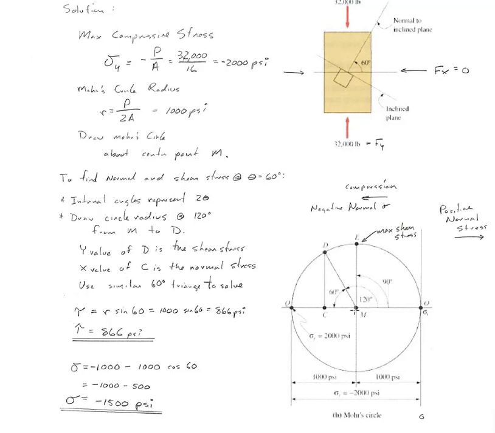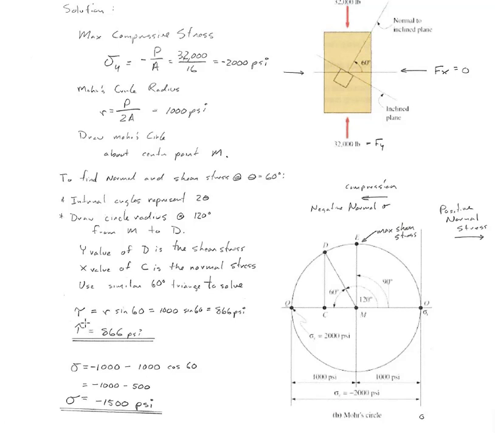So the value on the y-axis is going to be our shear stress, and the value on the x-axis, where it intersects with point C, that is going to be our normal stress. So the y value of point D is the shear stress, the x value of point C is the normal stress, and then we're going to use a similar 60-degree triangle to solve.